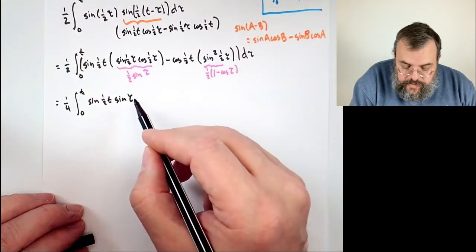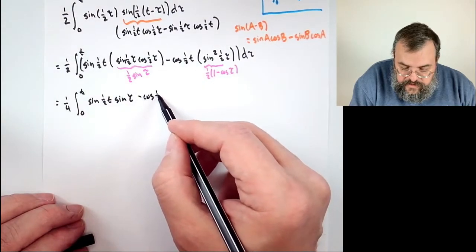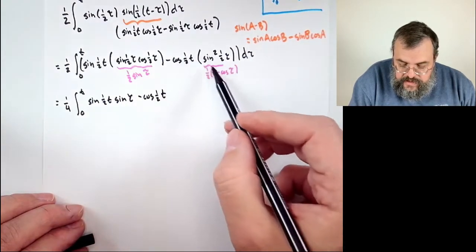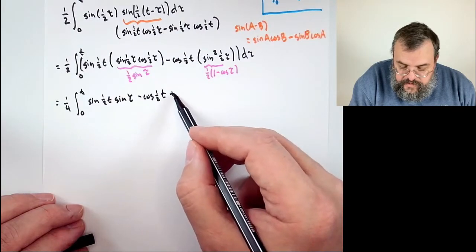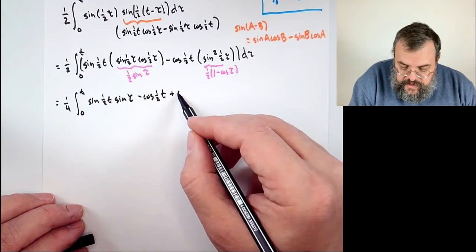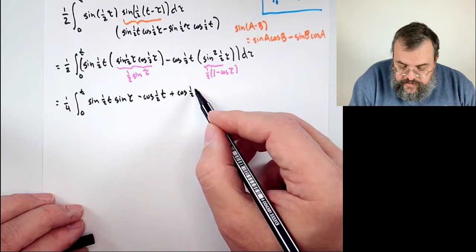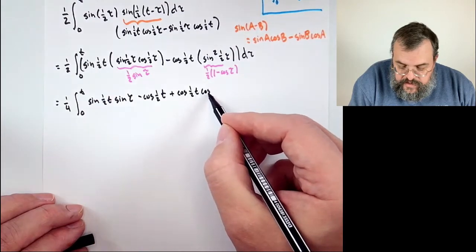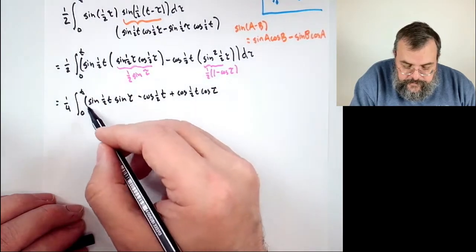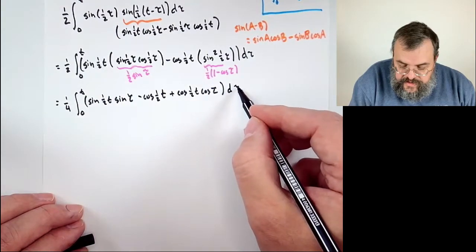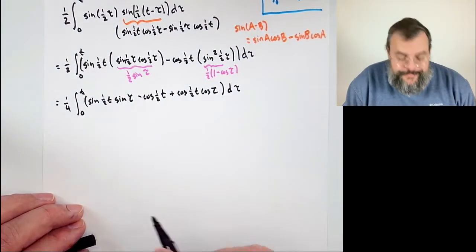Then we have minus cosine 1/2 t, and plus cosine 1/2 t cosine tau. All right, d tau. And now we're ready to integrate.